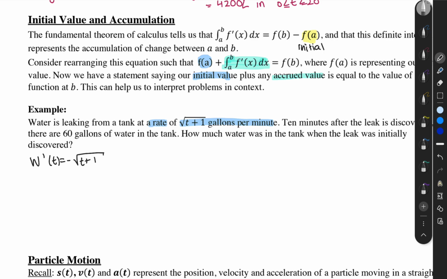And so 10 minutes after the leak is discovered, there are 60 gallons of water in the tank. How much water was in the tank when the leak was initially discovered? And so I have my initial amount, and then I lose some amount of water from the tank in those first 10 minutes.